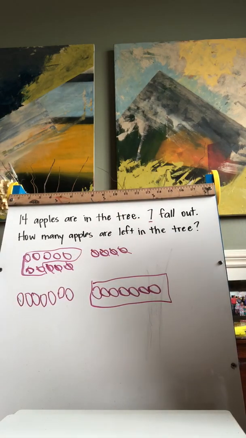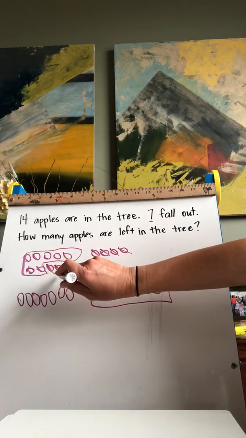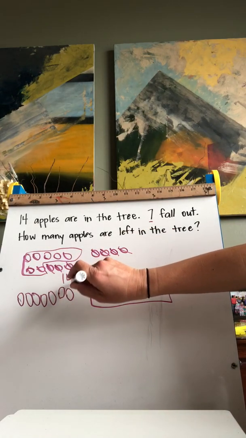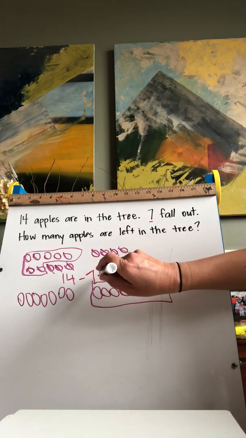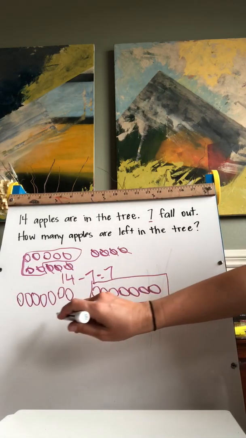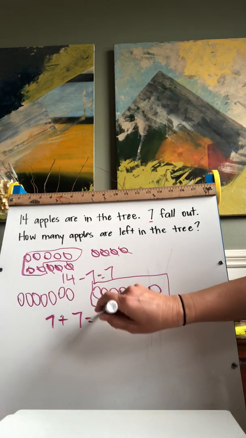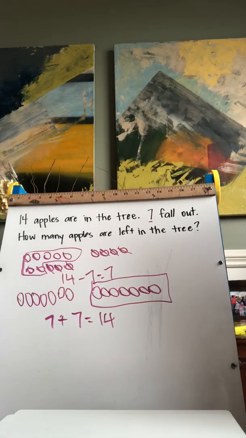Our answer is there are 7 left in that tree. So if you did it this way, you're going to write a number sentence that says 14 minus 7 equals 7. And if you did it this way, you're going to say 7 plus 7 equals 14.